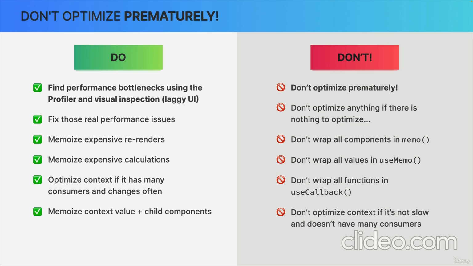Finally, it's also super important to always implement code splitting and lazy loading for all the routes in your single page applications. Alright, and with that, you're well on your way to mastering performance optimization in React.